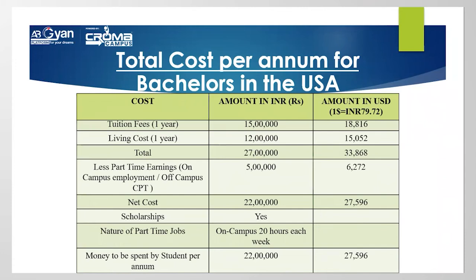The USA provides a lot more scholarships than other countries. If you're working part-time on campus while your classes are going on, you can work 20 hours per week. So you are going to spend around $27,000 a year.